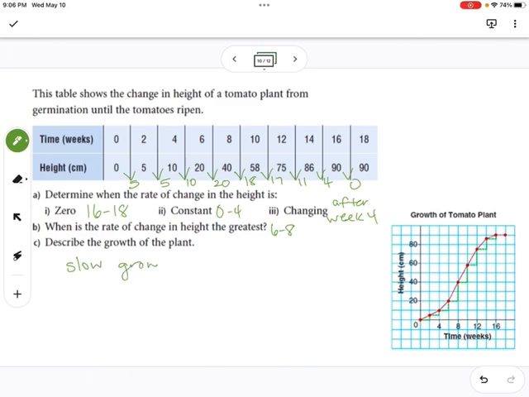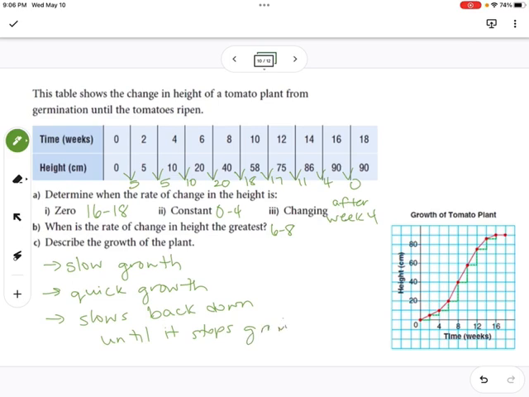So starting with the slow growth, then quick growth, and then it slows back down until it stops growing. Okay.